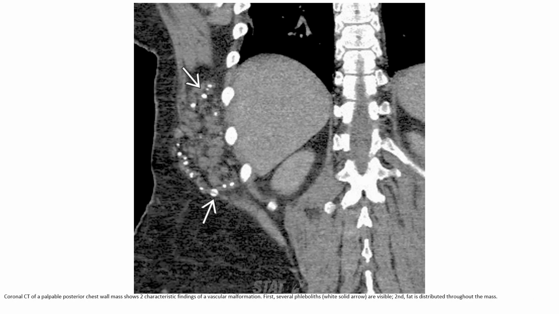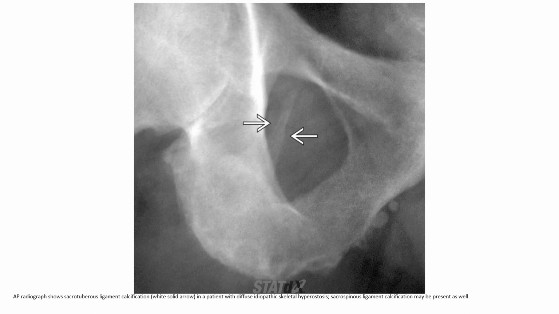This is a CT of a palpable posterior chest wall mass, with two characteristic findings of a vascular malformation: several calcified phleboliths are visible, and fat is distributed throughout the mass. These radiographs show sacrotuberous ligament calcification in a patient with diffuse idiopathic skeletal hyperostosis.